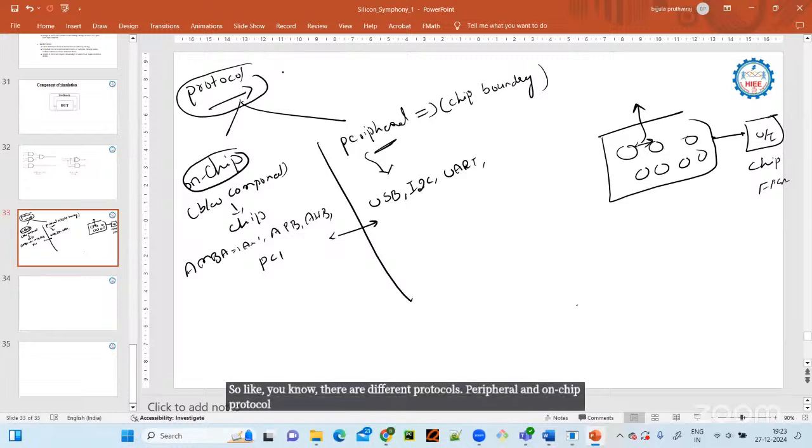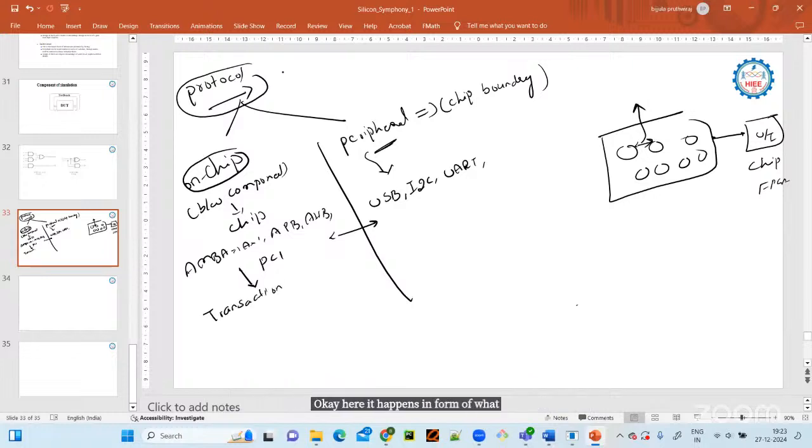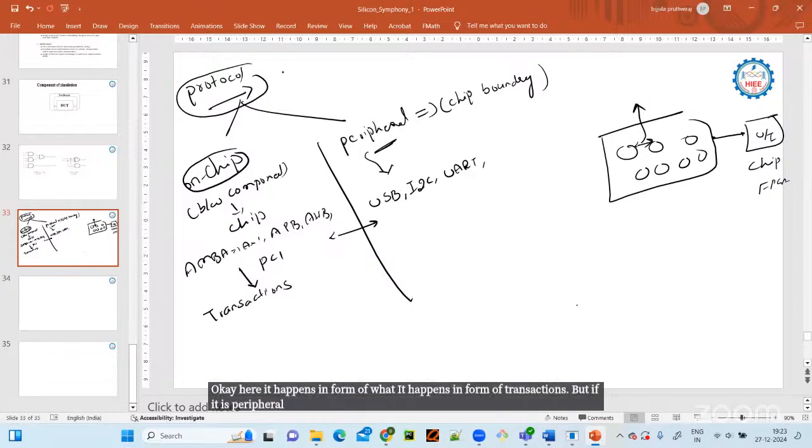In on-chip protocol, the data communication happens between components in the form of transactions. But if it is a peripheral protocol, the data transfer happens in the form of packets, or I would say in the form of frames.